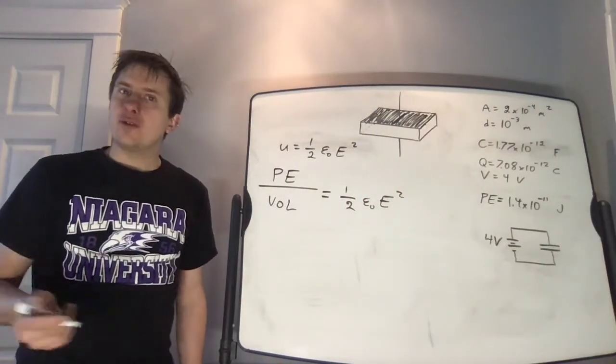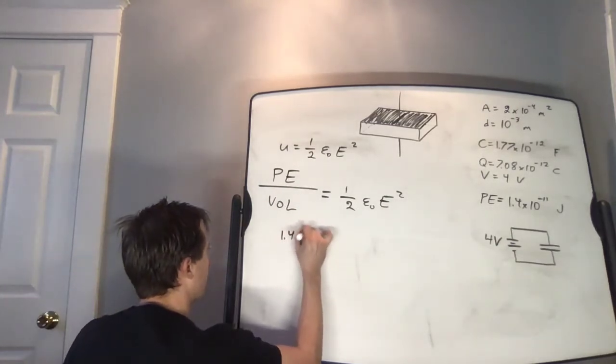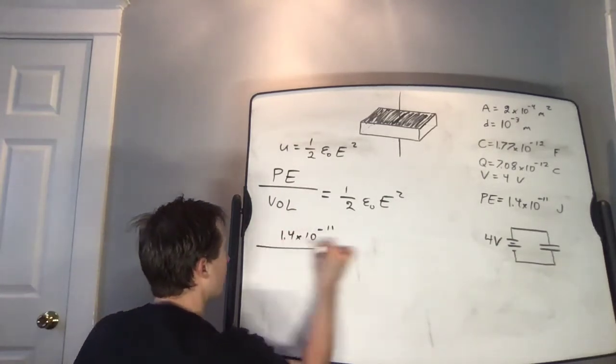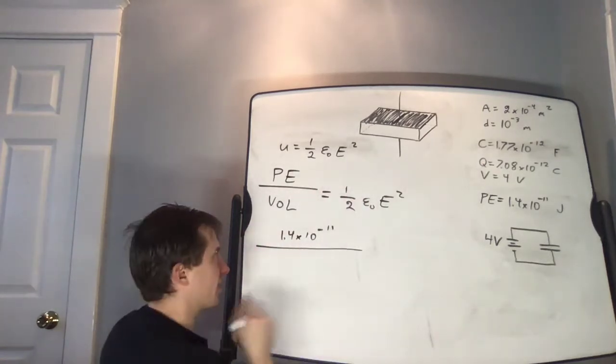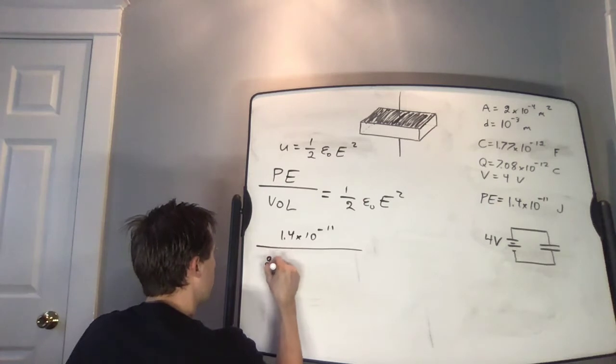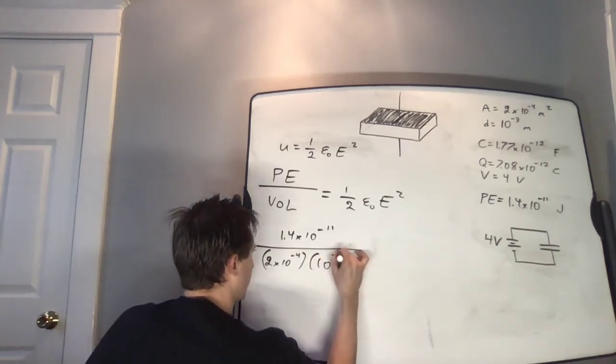Plugging numbers in, we find that the energy stored by the capacitor is 1.4 times 10 to the negative 11 joules, divided by the volume of the space between the capacitor plates, which is A times D. So I have 2 times 10 to the negative 4 times 10 to the negative 3.